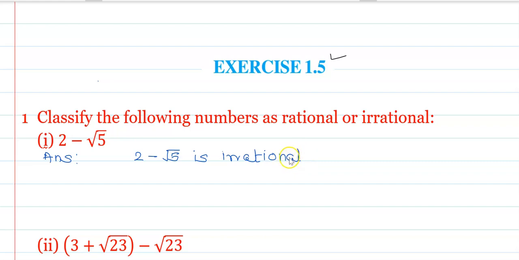Because root of 5 means you will get 2 point something, non-terminating and non-recurring. If we subtract it from 2, then you will get minus point something, again non-terminating and non-recurring. Therefore, 2 minus root 5 is an irrational number.